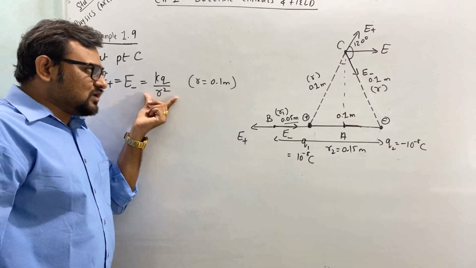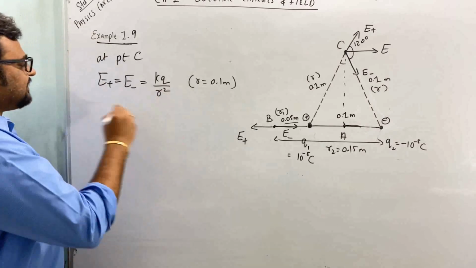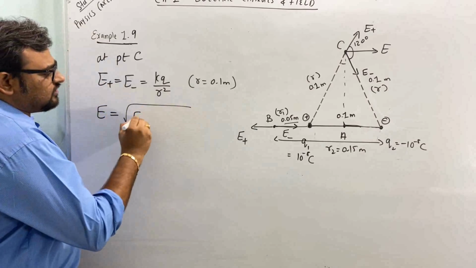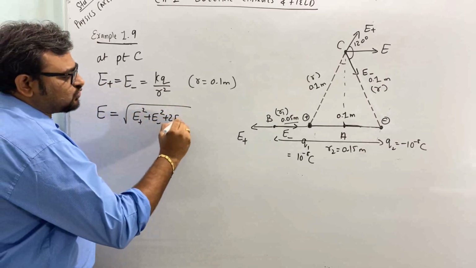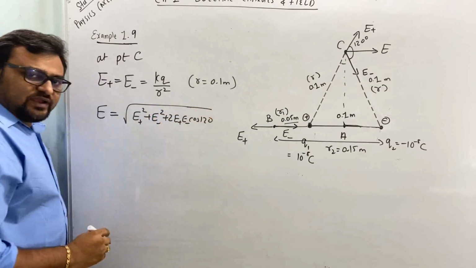So you can put down this value and find out the magnitude. Okay, if you want to use the vector addition method, then resultant vector will be equal to under root of E plus square plus E minus square plus 2 E plus E minus cos, angle between them is 120.